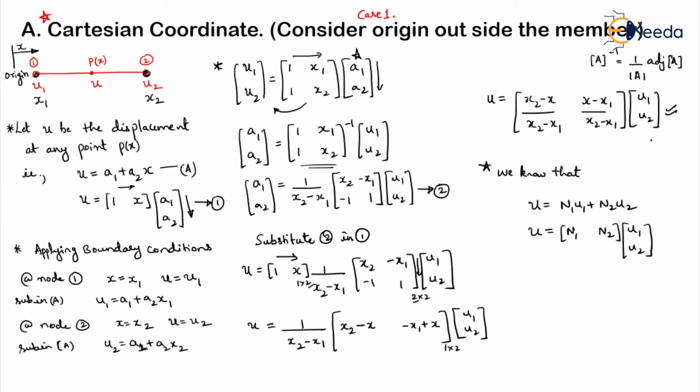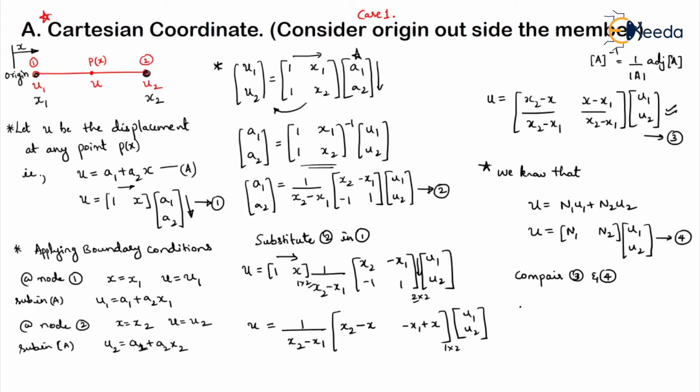Alright, now let's call this equation as equation 3 and this as equation 4. Now you compare 3 and 4. On comparing, this is u, and this right side matrix is u1, u2. Here there are two values, one corresponding to your N1 and the other corresponding to your N2.